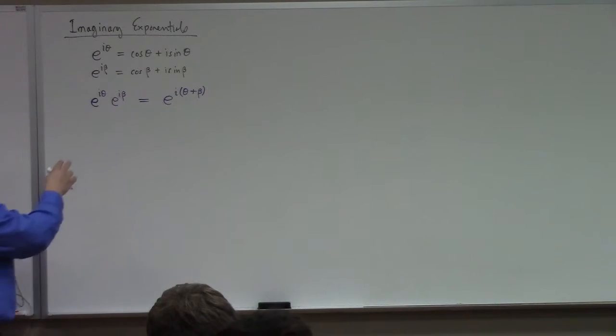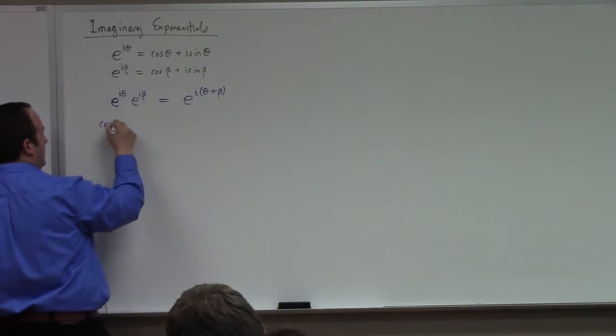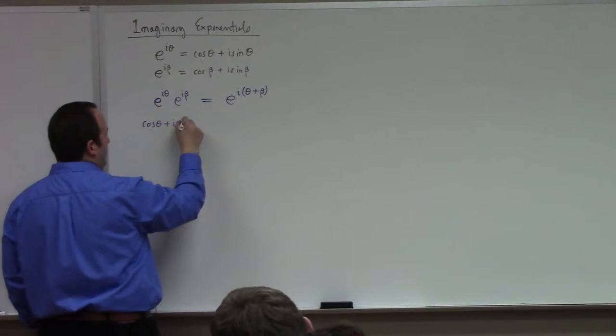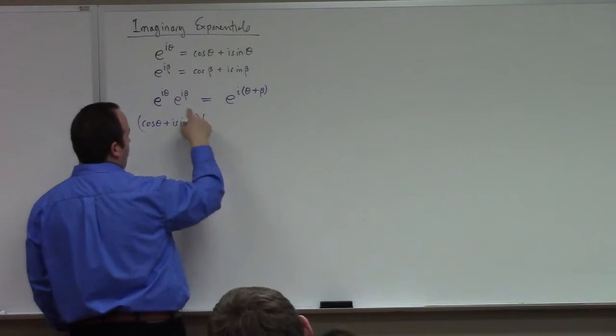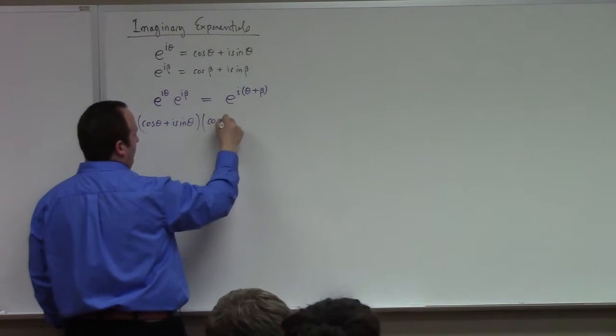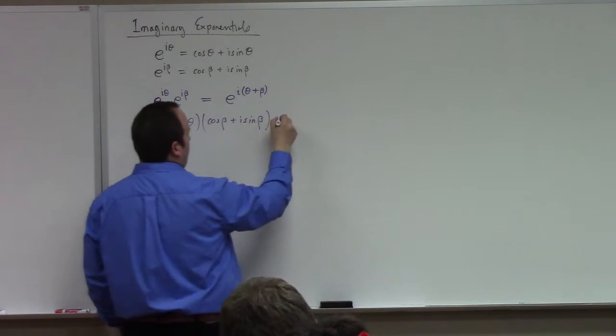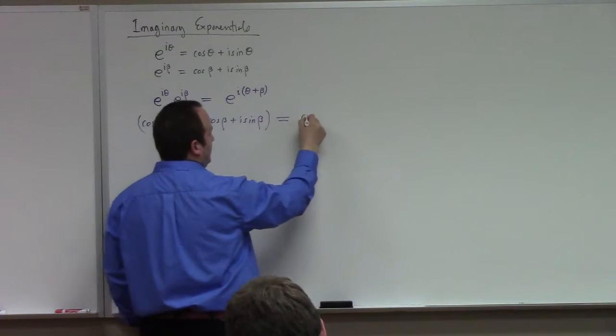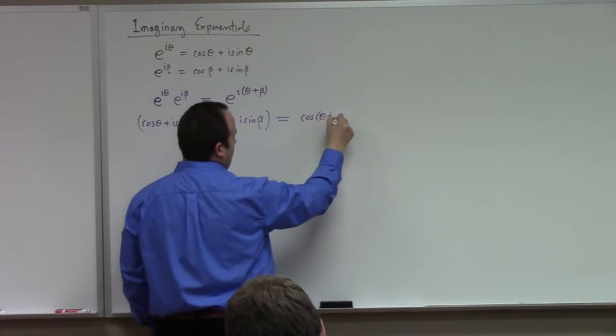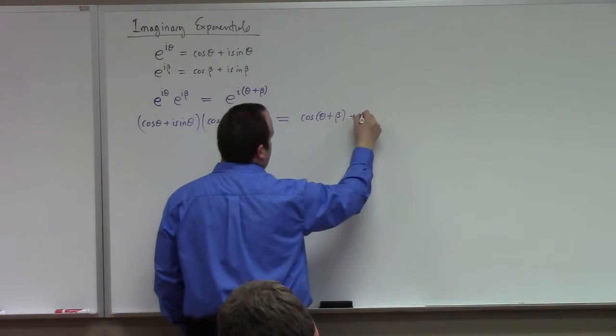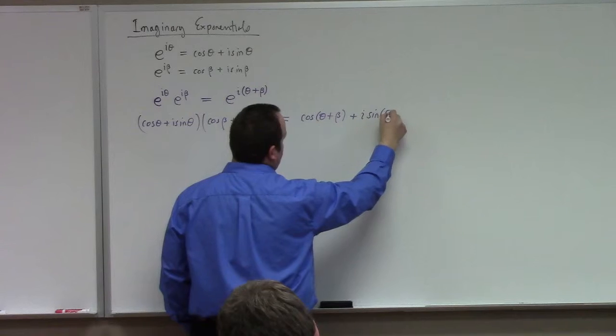Now, okay, so this is cosine theta plus i sine theta, right? That is cosine beta plus i sine beta. And then on the right-hand side, we've got what? Cosine of theta plus beta plus i times the sine of theta plus beta.